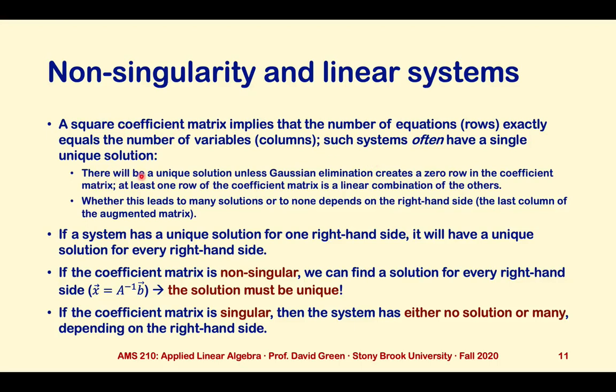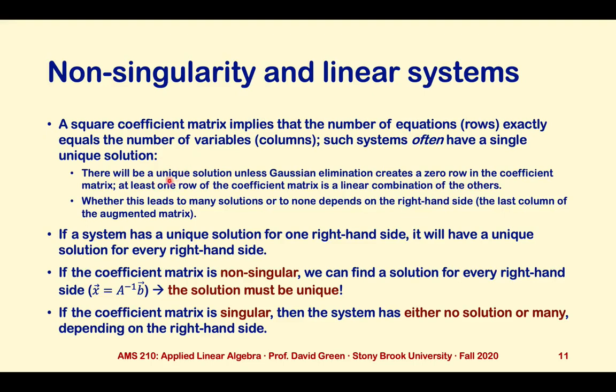So when we go through Gaussian elimination, there will be a unique solution unless Gaussian elimination creates a zero row in the coefficient matrix. This can only happen if one row is a linear combination of the others, and that's a less likely thing in general than it being linearly independent.